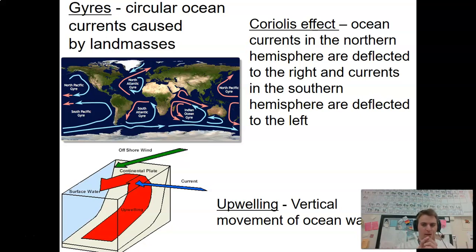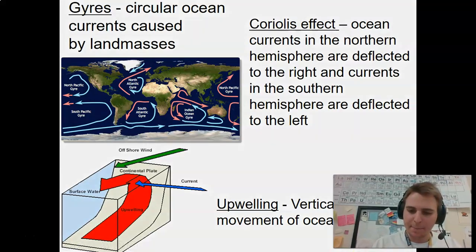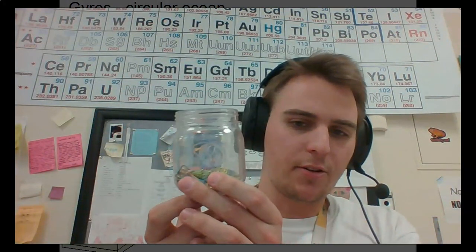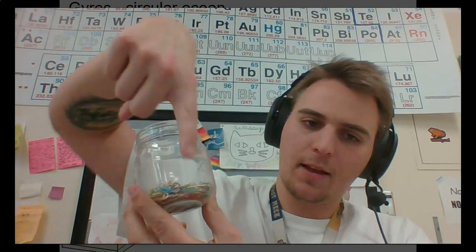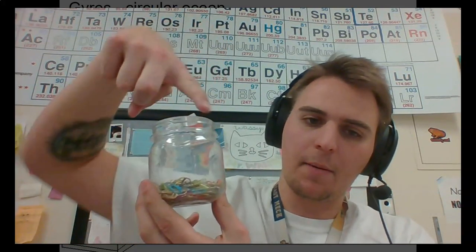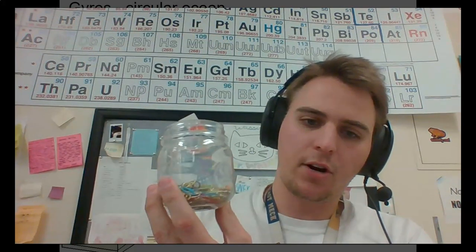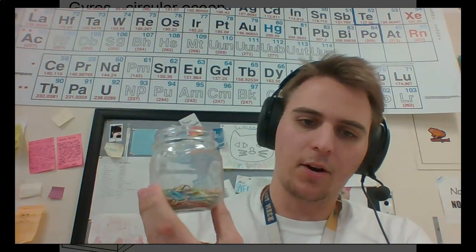So the way to think about it is, this will be my example, if this is the Earth, and I decide I'm going to point in one direction. I'm not tethered to the little jar here, but I'm pointing in one direction. Well, the jar is spinning. The Earth is spinning.